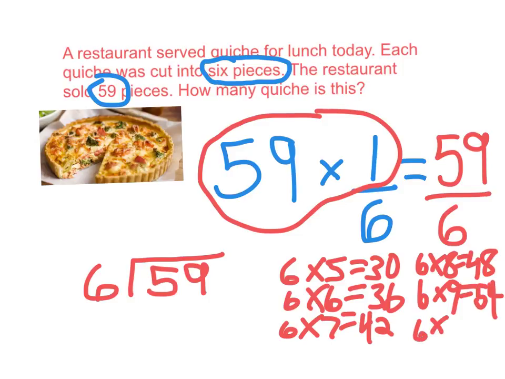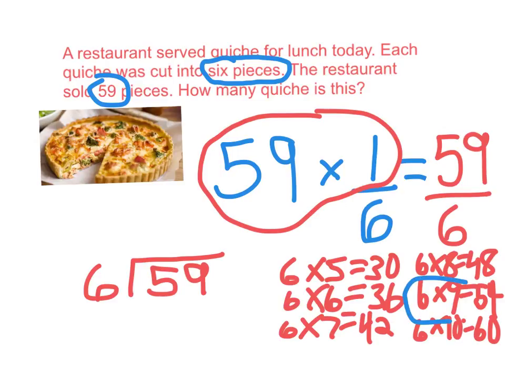And 6 times 10 equals 60. Well, the closest I can get to 59 is, let's see, 30 is too small, 36 is too small. I've got to keep going. Looks like 54 is the closest I can get to 59 without going over.